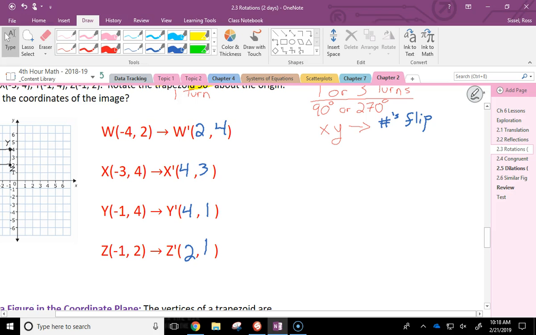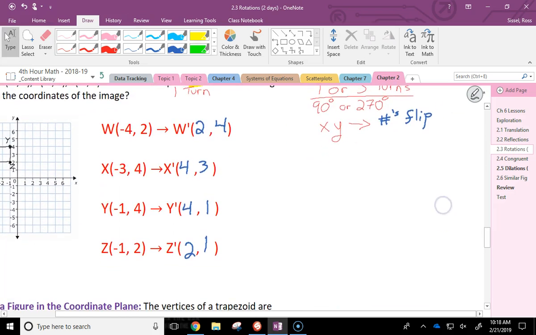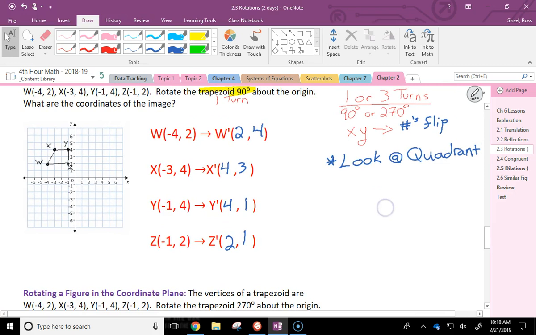So, the numbers flip. Then the other thing we have to look at is the quadrant. What quadrant are we going into? When I did one turn, we went into which quadrant?